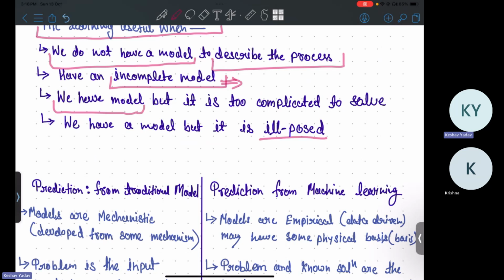Or we have a model, but it is too complicated to solve. Suppose we have a problem which requires a lot of computational resources to solve the full-fledged problem without making many assumptions. In that case, machine learning can be useful since the problem is very computationally expensive.